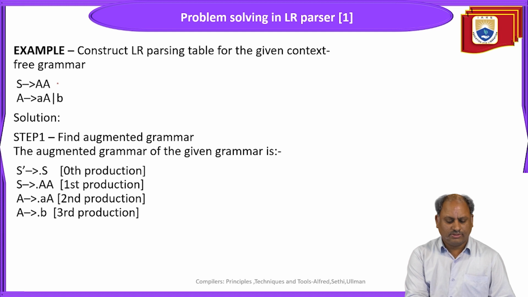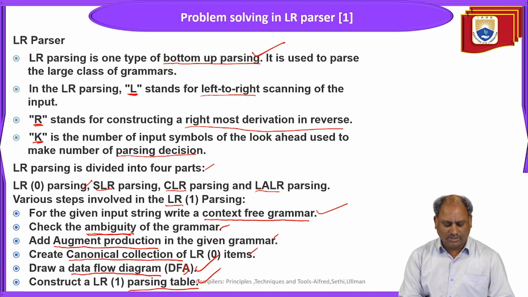In this example, one production is given, and the second is this. Now, according to the step procedures, ambiguity is not there and it is a context-free grammar.